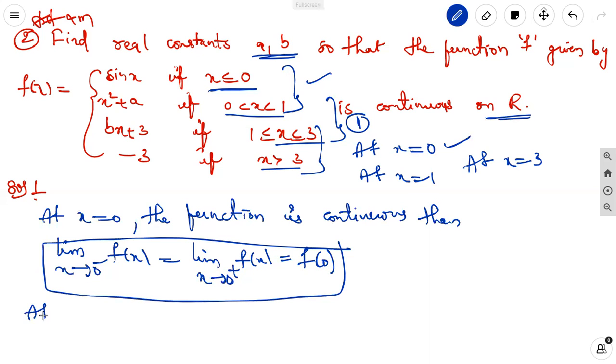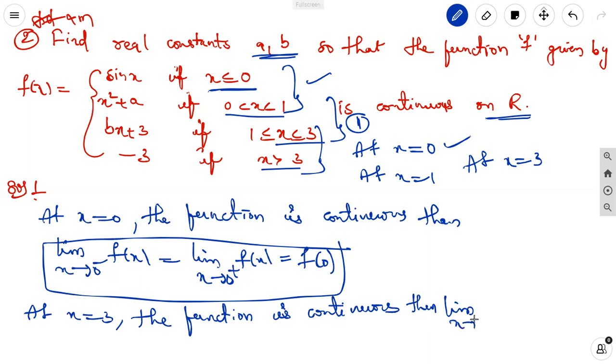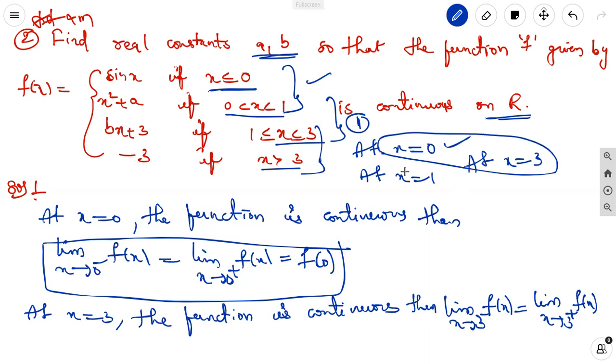If we take x equal to 3, the function is continuous. Then limit x tends to 3 minus f of x is equal to limit x tends to 3 plus f of x. Why I am choosing these two values: in these selections, the unknown value is only one.